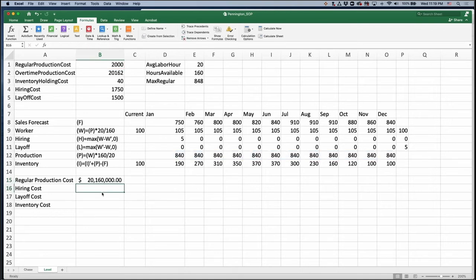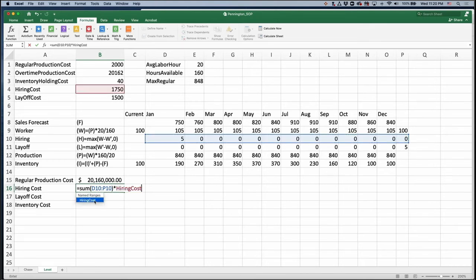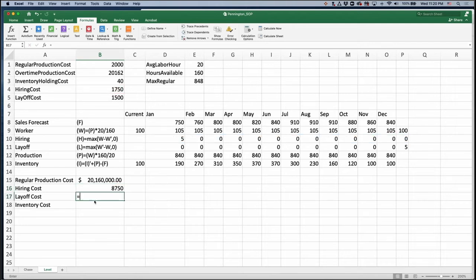Hiring cost, again, is the sum of all these times the hiring cost. You can select this hiring cost. And the layoff cost, same, the sum of all these layoffs times the layoff cost.